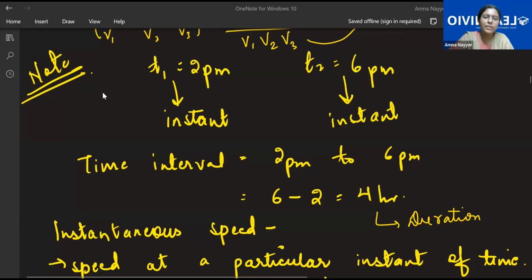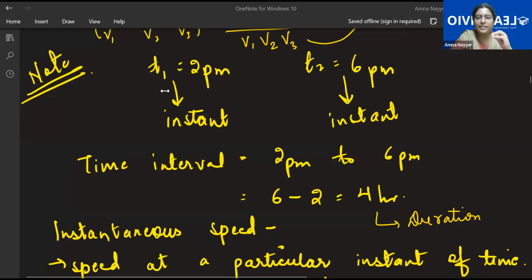Mariam, that's left with you, I'll discuss with you. So differentiation and integration will be used whenever you have an instant of time. But when you have a duration given, let's say 2 p.m. to 6 p.m., 3 p.m. to 4 p.m., 2 seconds to 3 seconds, this is known as a time duration. So be very clear about time instant and time duration.